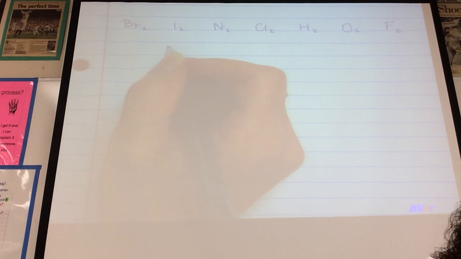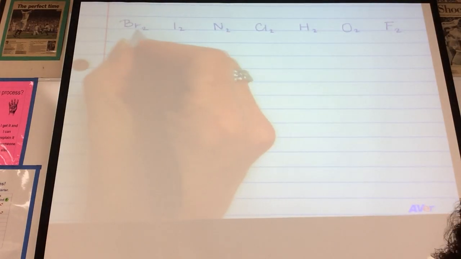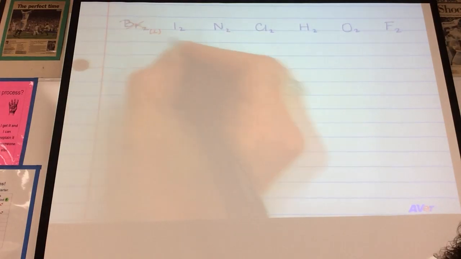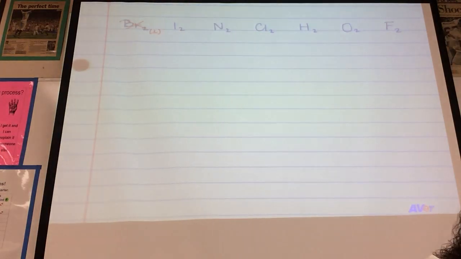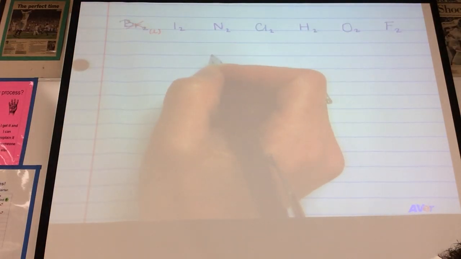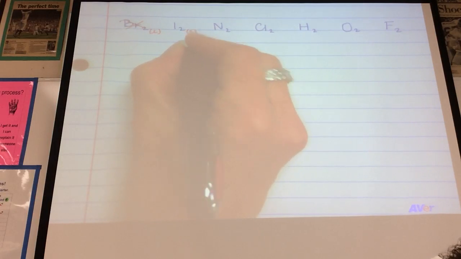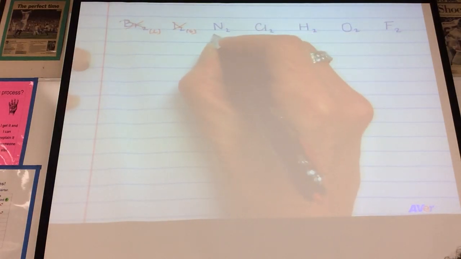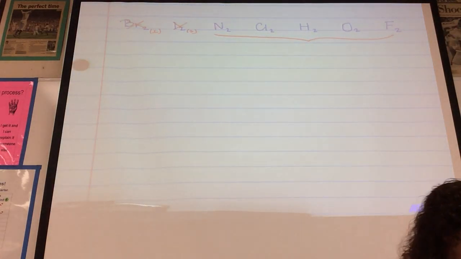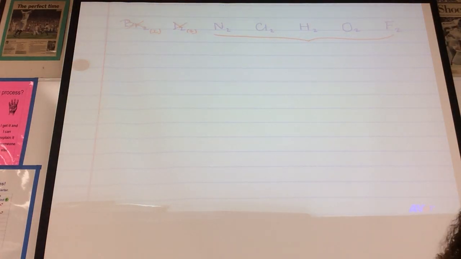Bromine's a liquid. What's the other non-gas? Iodine. That's a solid. So these 5 diatomic elements are gases. Remember that all of group 18 are gases as well. Those are our noble gases.